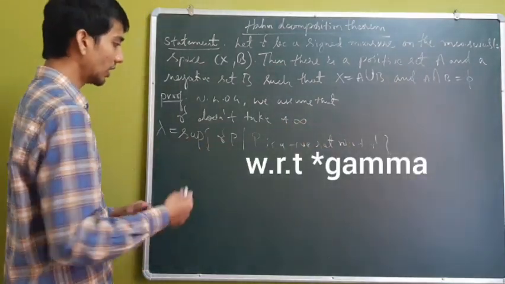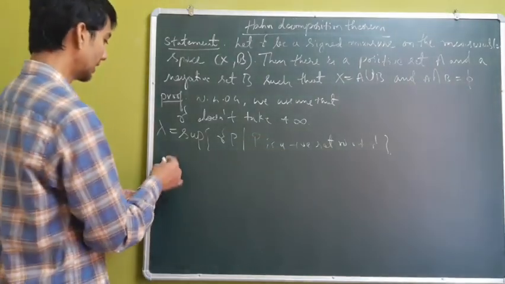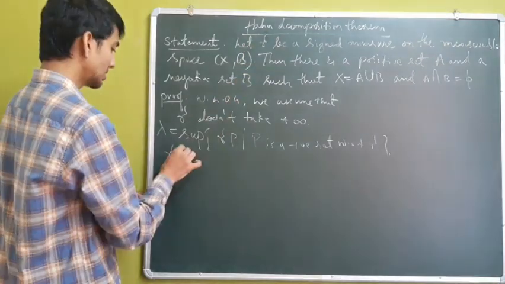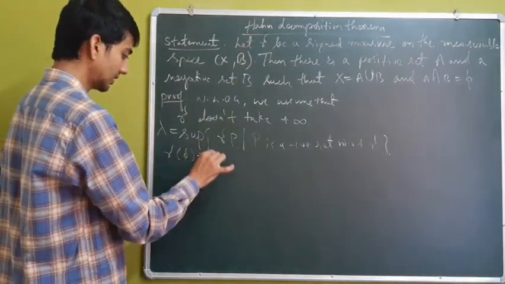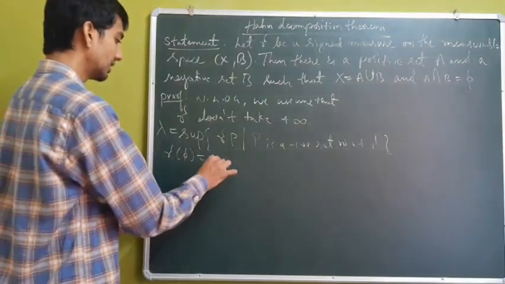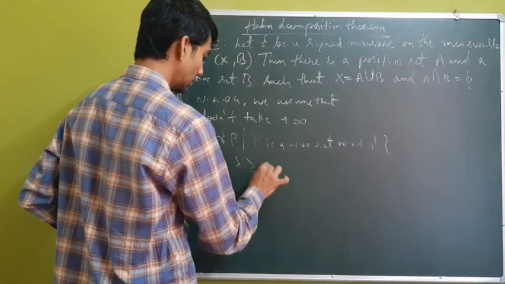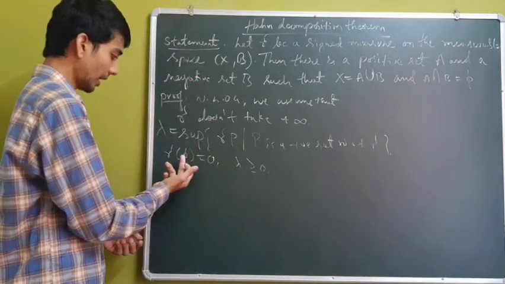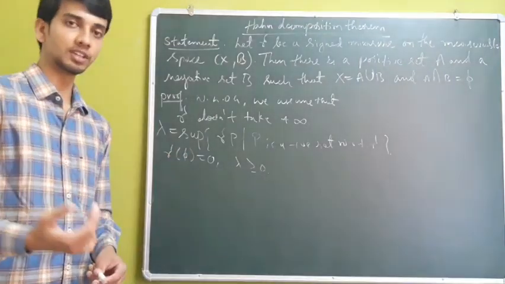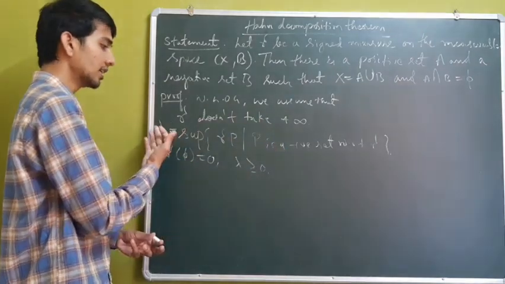Now having this, also observe that clearly this is a non-empty set, because the empty set is a trivial set, and gamma being a sign measure, gamma of the empty set is 0. And also you can see that lambda is greater than or equal to 0, because the empty set is a positive set, and the empty set being a positive set, we have the supremum of this set to be non-negative.